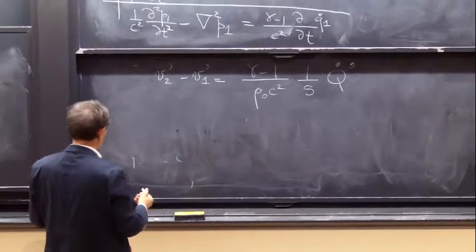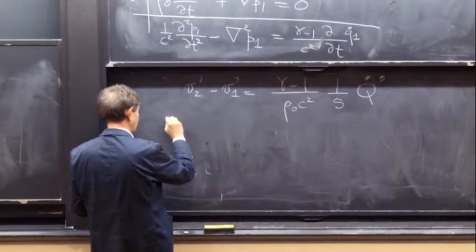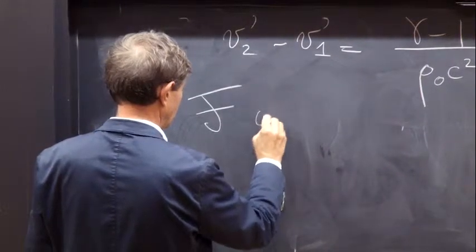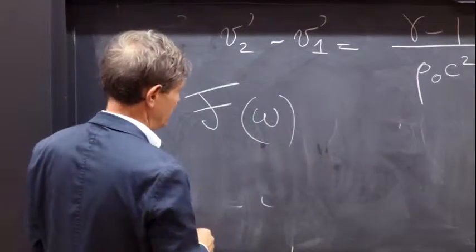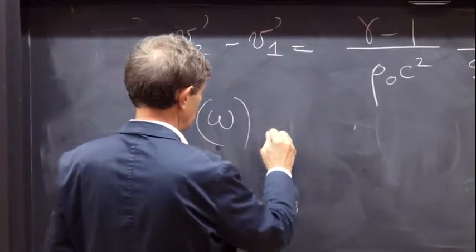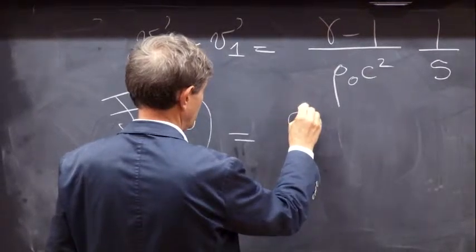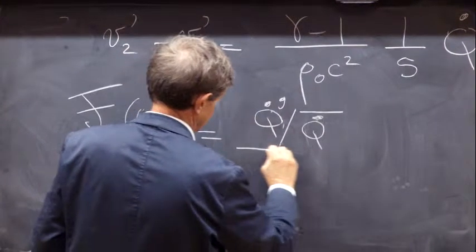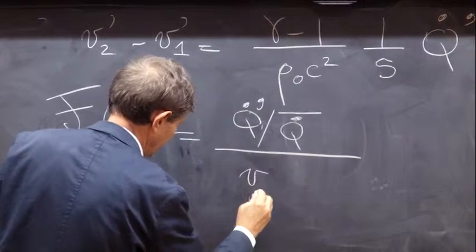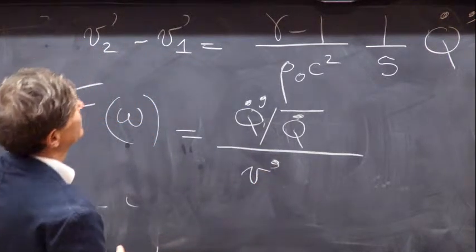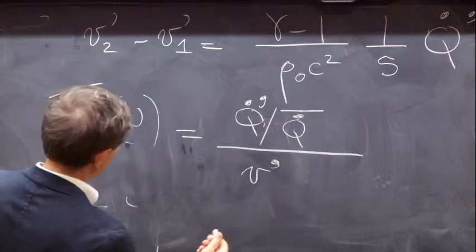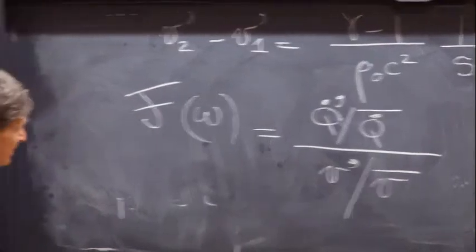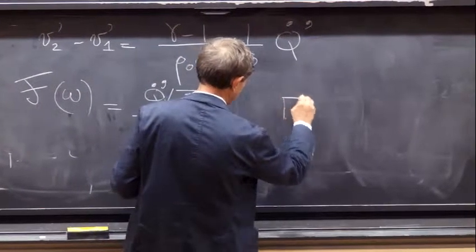And this is the heat release integrated on the volume. And very often now we use this concept of transfer function. That is, let's consider a quantity which depends on omega, on the frequency, and which is equal to the heat release fluctuation divided by the mean heat release rate, and all of this divided by the velocity fluctuation on the upstream side divided by the mean velocity. This is what we designate as the flame transfer function.